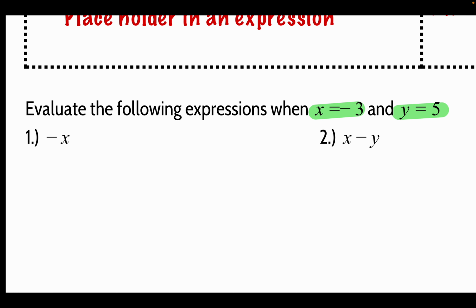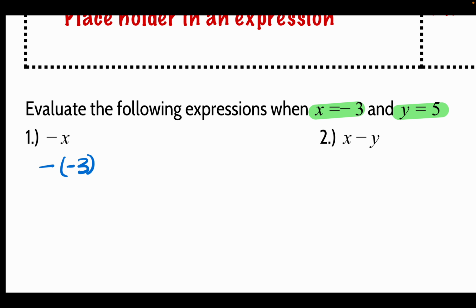So we have evaluate the following expressions when x equals -3 and y equals 5. So -3 and 5 are our numbers. So we're going to plug it into our variables and then make sure we use parentheses. So that's pretty important. So we have negative, and then instead of x, we're going to write the value, -3.